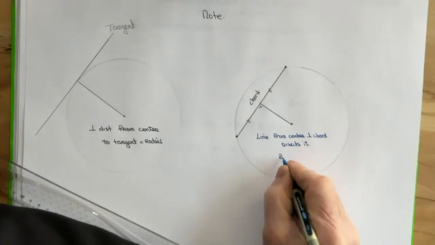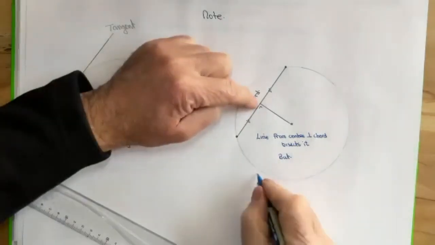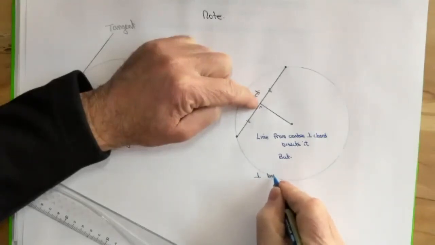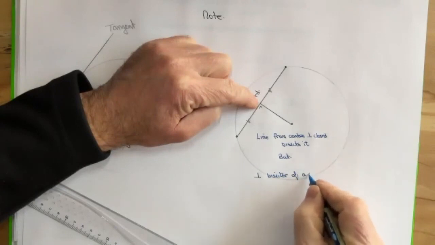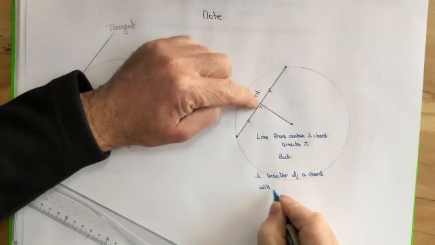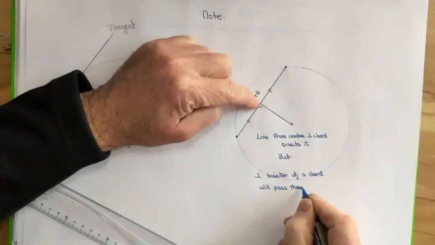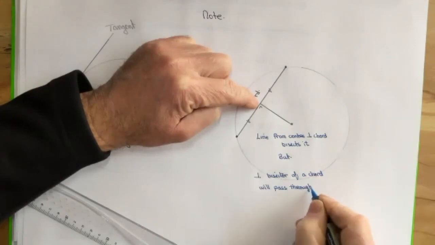But the reverse is also true. The perpendicular bisector of a chord will pass through the center.